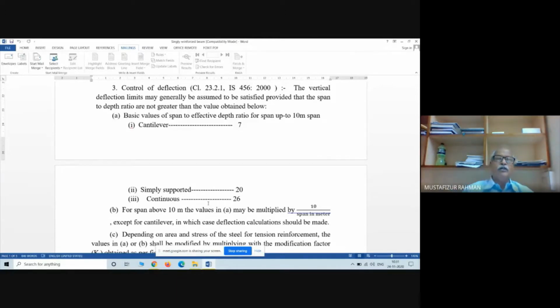Now, when we start our problem, we should try a value less than that. That means L by D, say approximately 15 or 16. Now, if the span is more than 10 meters, then what is happening?